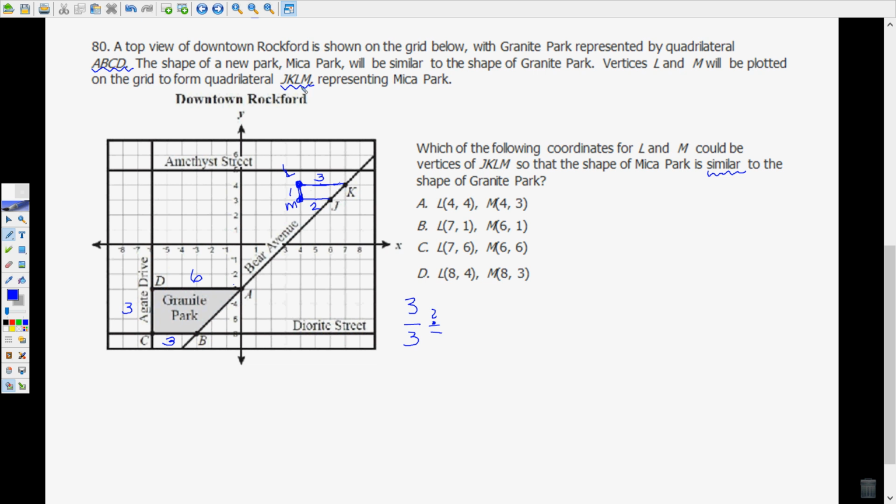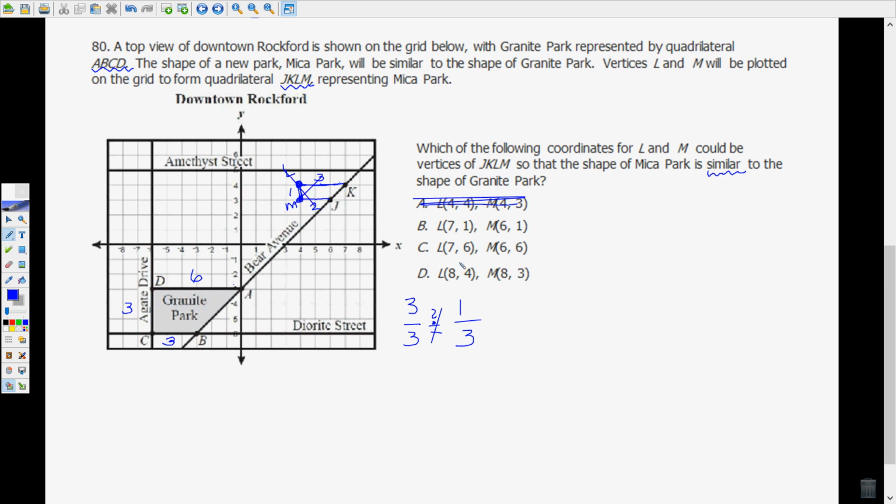LM is 1. And it is supposed to correspond with CD. Where's CD? Over here. That's 3. So obviously, those do not equal each other. So that one cannot be the right one. So you can use the strike through tool and say eliminate, not a good one.